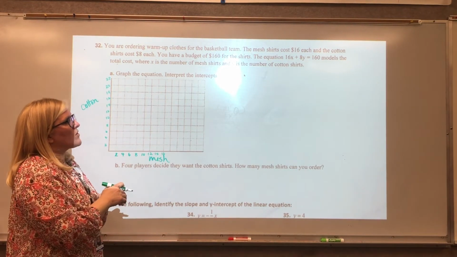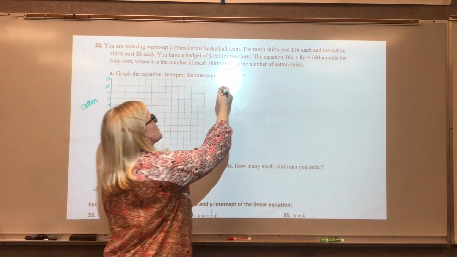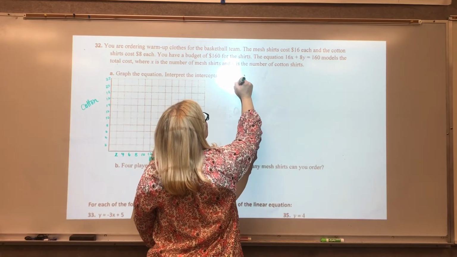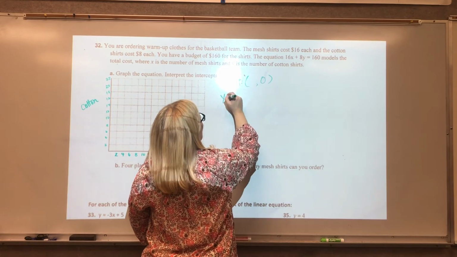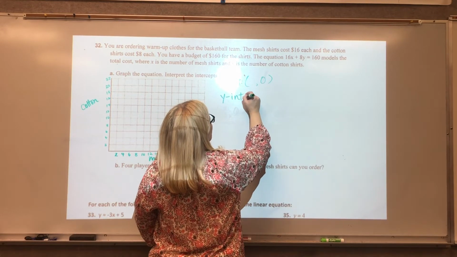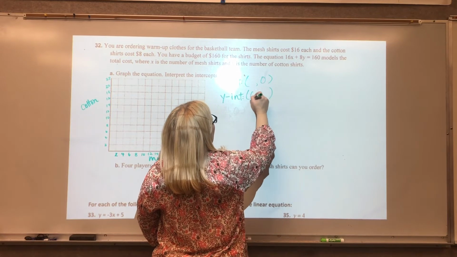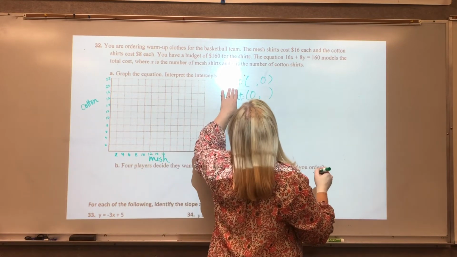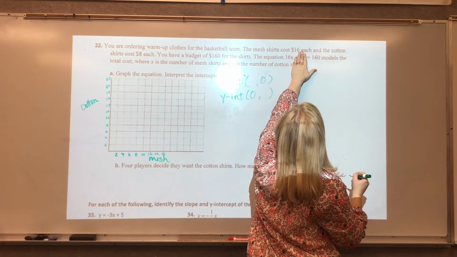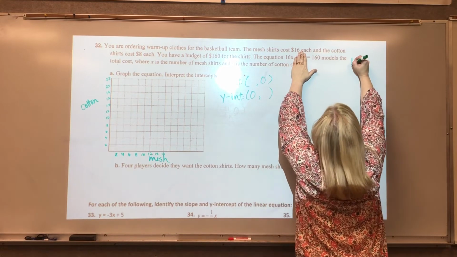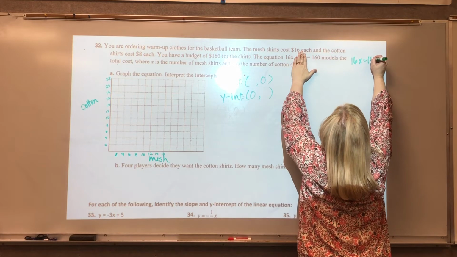Okay, so we're going to find our x-intercept, so 0 is y. We're going to find our y-intercept, when x is 0. So when y is 0, I put in 0 right here, and I have 16x equals 160.